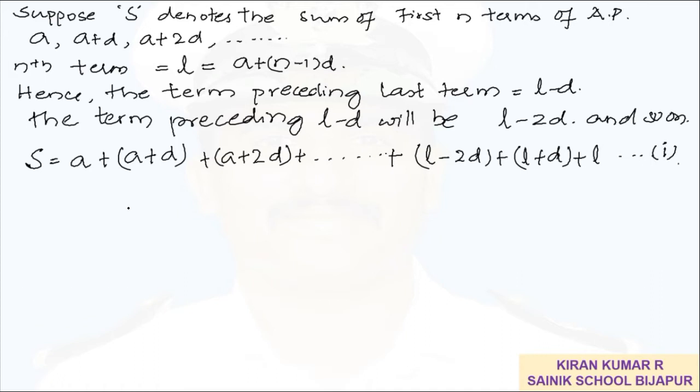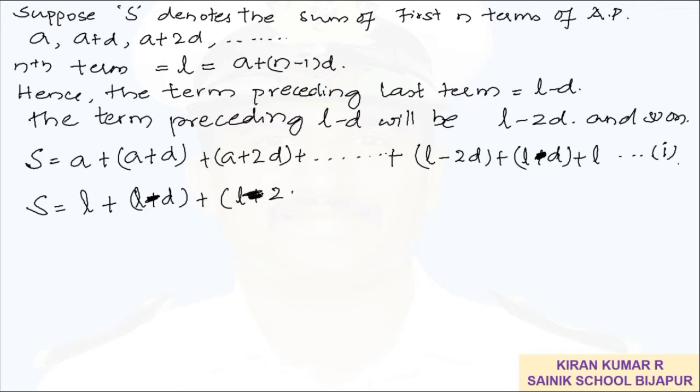Let me write this sequence in reverse order. So S will become the last term l, the preceding term l minus d, next is l minus 2d. I made a mistake earlier, it is not l plus d, sorry, it is l minus d.